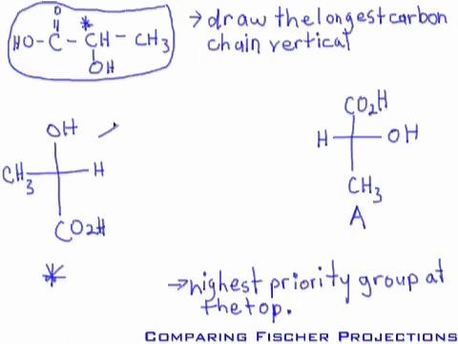So I draw an arrow and I'm going to switch any two groups to get me closer to that. And I can see that what will get me closer to this is getting the OH to the right. So I'm going to switch the H and the OH. So this will still be CH3.